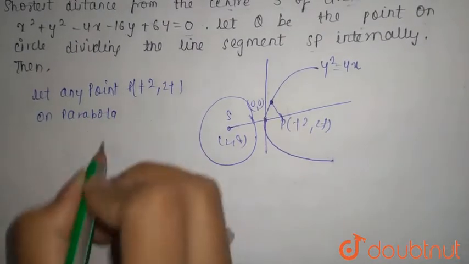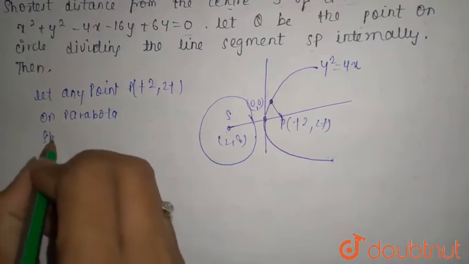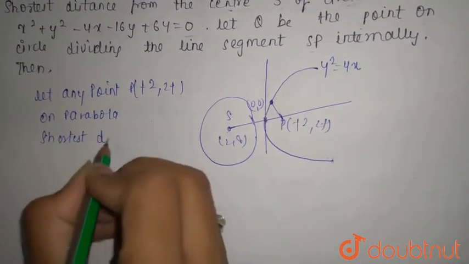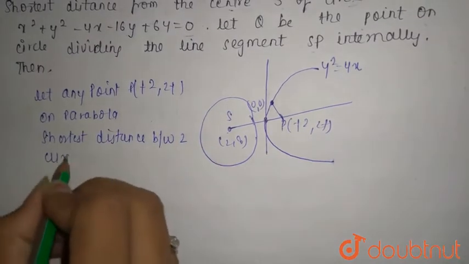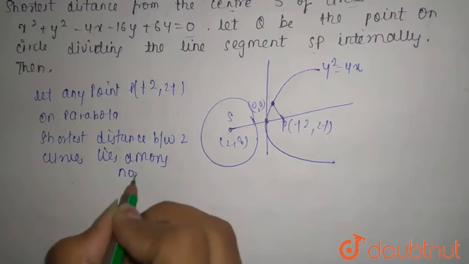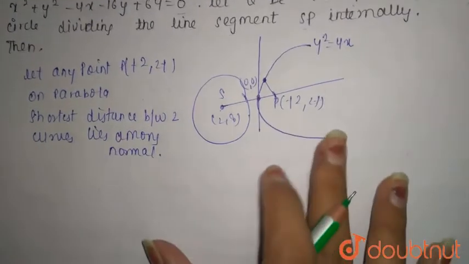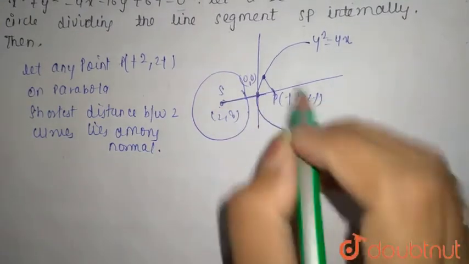As we know, the shortest distance between two curves lies along their common normal. So the common normal will pass through the center of the circle.